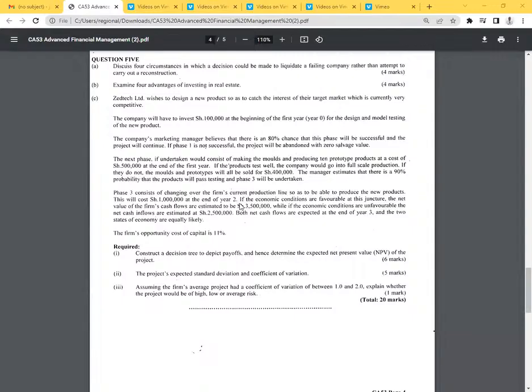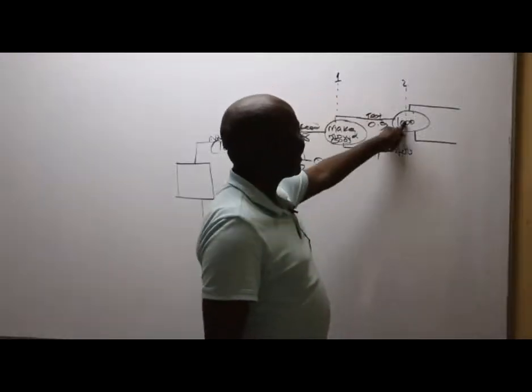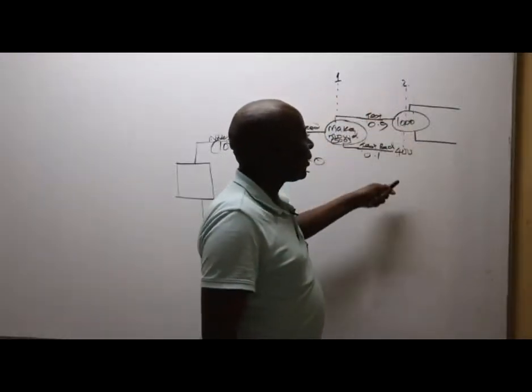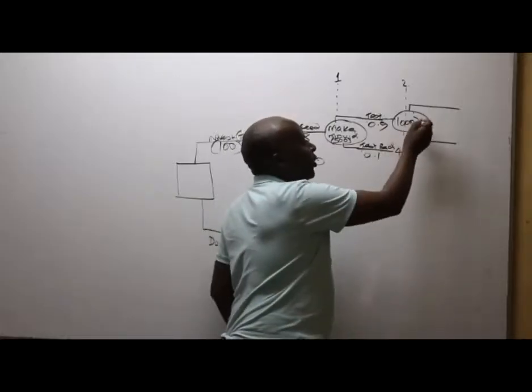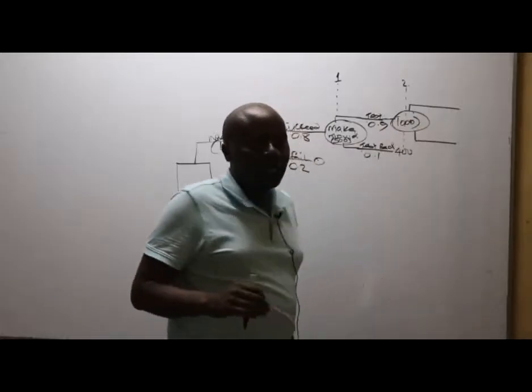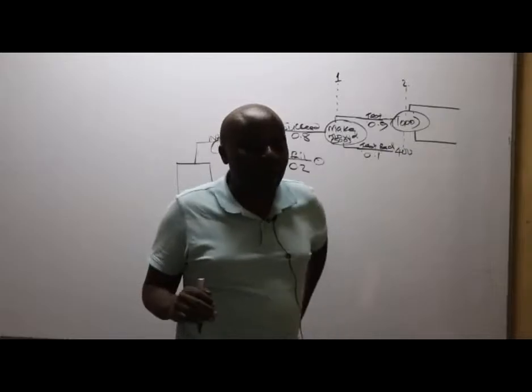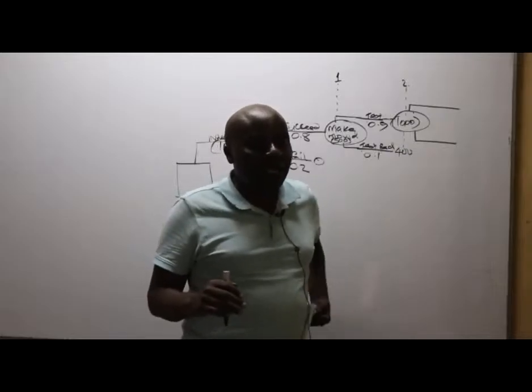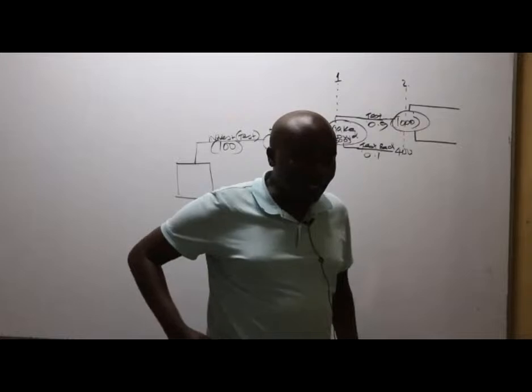This will cost 1 million. In my case, it's 1,000 because I'm cutting the 3 zeros, at the end of year 2. If you're keen, you must have realized that I'm having this 1,000 coinciding with year 2. And remember, this is a cost, so it must be put inside brackets like that.